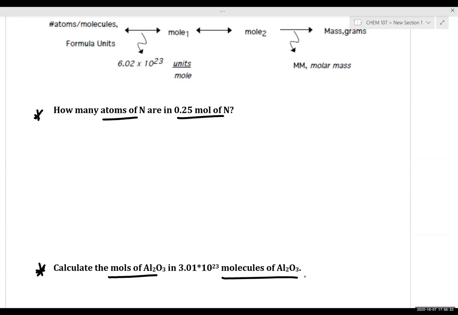So let's work on this example. Let's really make sure we're comfortable with atom to mole conversions. And then we'll discuss this example in about 4 to 5 minutes.